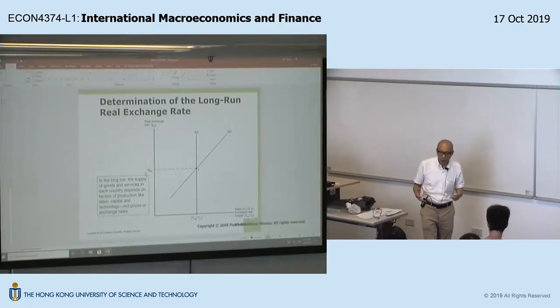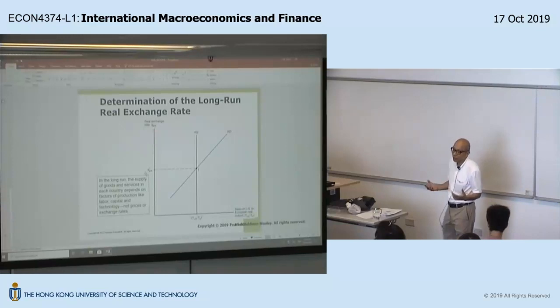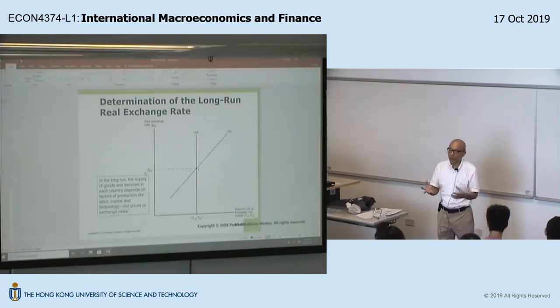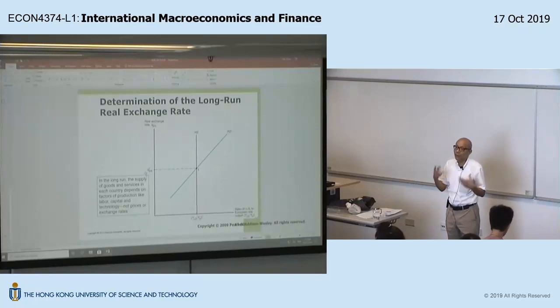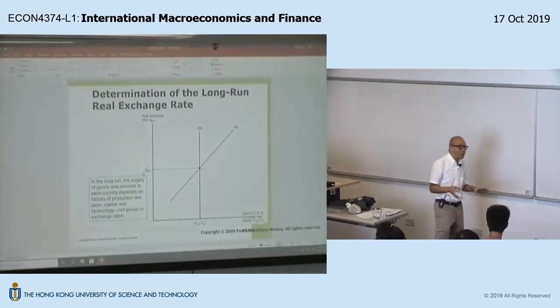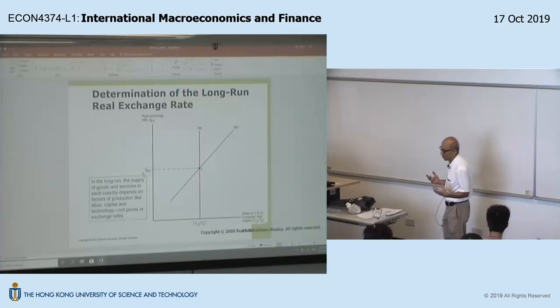We find out why: it's because the real exchange rate is not constant. If the real exchange rate is not constant, then even relative PPP does not hold. So it's very important to realize that the reason why relative PPP doesn't hold is because the real exchange rate is not constant.